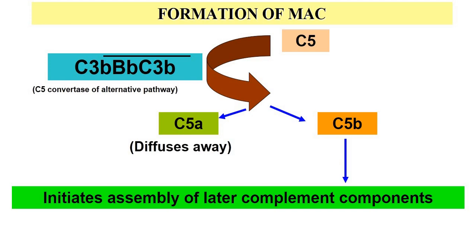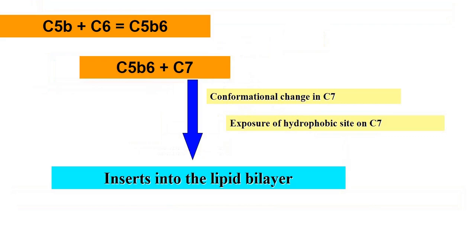It will break C5 into C5a, which diffuses away, and C5b which remains. C5b initiates the complement components, that is membrane attack complex. How? C5 plus C6 gives C5b6 complex. This binds with C7. C7 undergoes a conformational change. The hydrophobic sites are exposed.